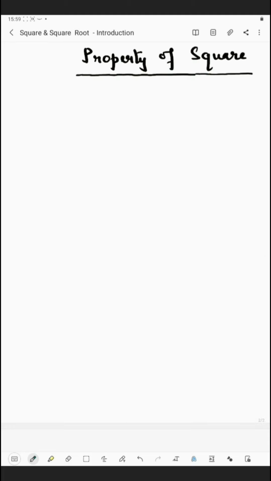Okay. Now our next topic is property of square. Here we will write the square numbers of 1 to 10.